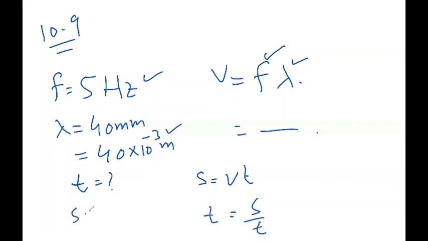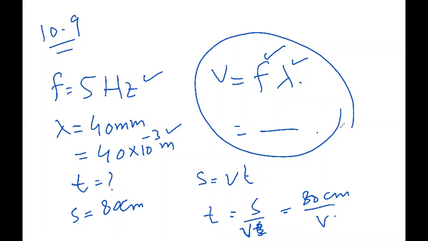Distance is 80 centimeter, so you will put the value 80 centimeter and divide by v. Put the value of v you get from the previous equation in this equation, and you will get the time.